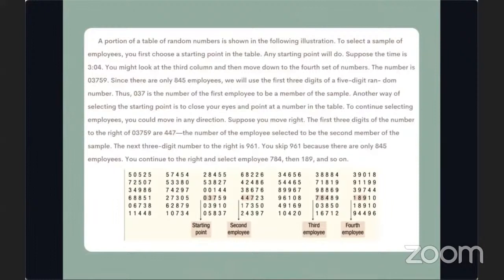That is the number of the employee selected to be the second member of the sample. The next three-digit number to the right is 961. You skip 961 because there are only 845 employees. You continue to the right and select employee 784, then 189, and so on.